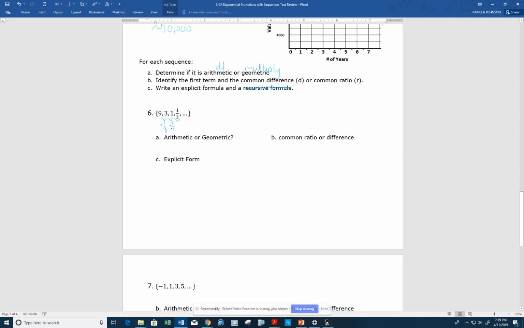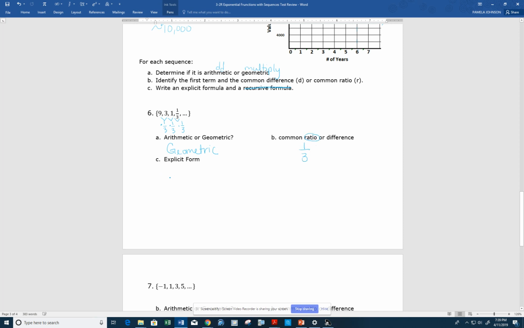We're dividing by 3, but when we're talking about geometric sequences, we just change it into a fraction and multiply by the fraction instead of dividing. So because we're multiplying by a fraction, it is geometric. Our common ratio is 1/3.